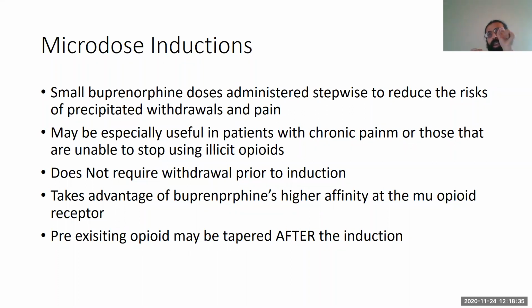The idea is that each dose of buprenorphine will kick out and displace a tiny amount of whatever opioid they're taking. So it's a very gradual cross titration process. Hopefully patients don't really feel it. And once patients are at a good dose of buprenorphine, you can taper off whatever opioids they're on.